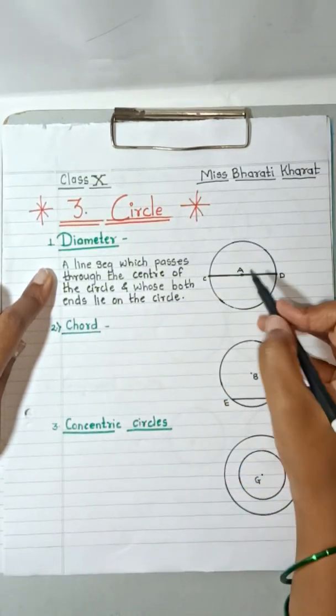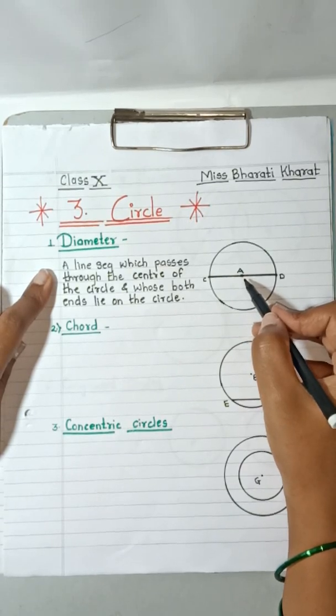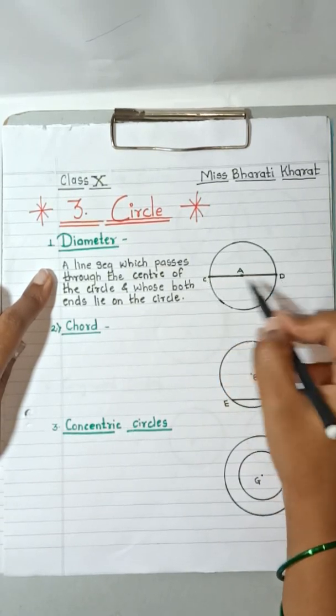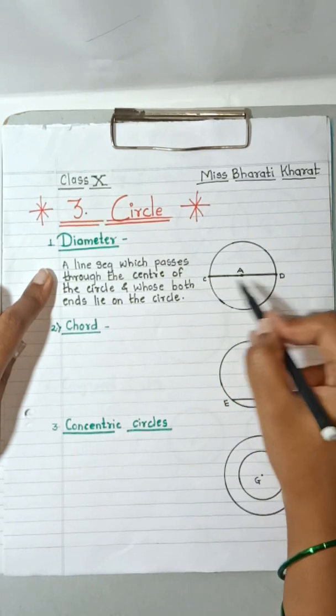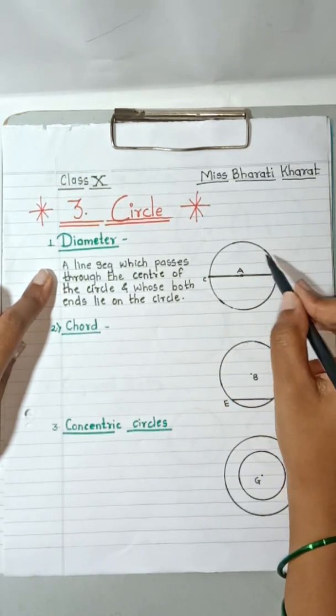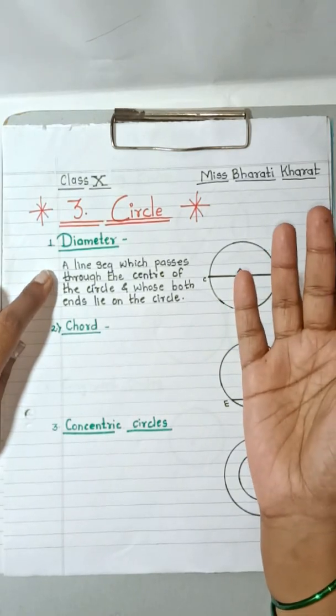Okay children, now you can see A is the center of the circle, and CD is the line segment which is passing through the center of the circle, and you can see these end points C and D lie on the circle. That is the diameter of the circle.